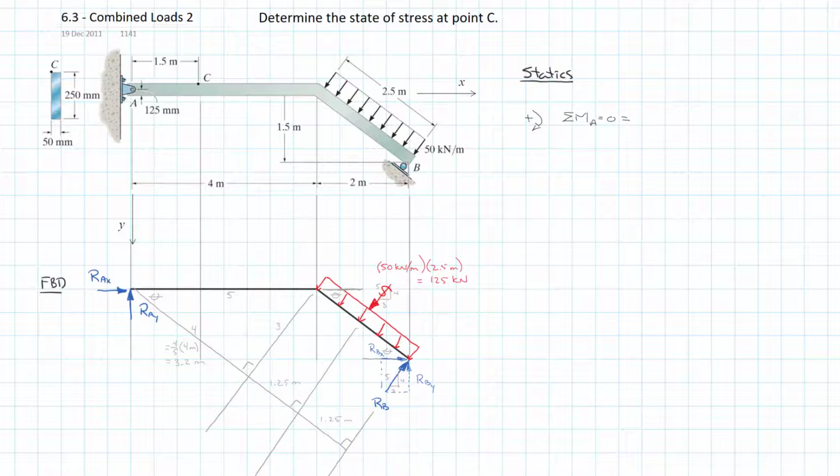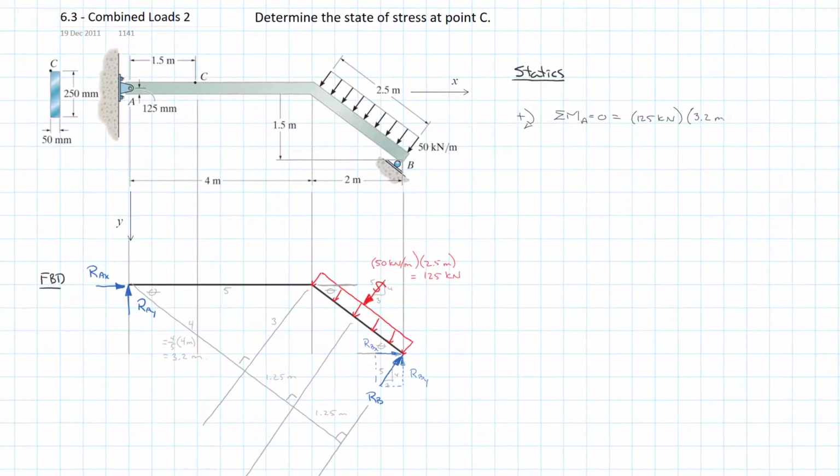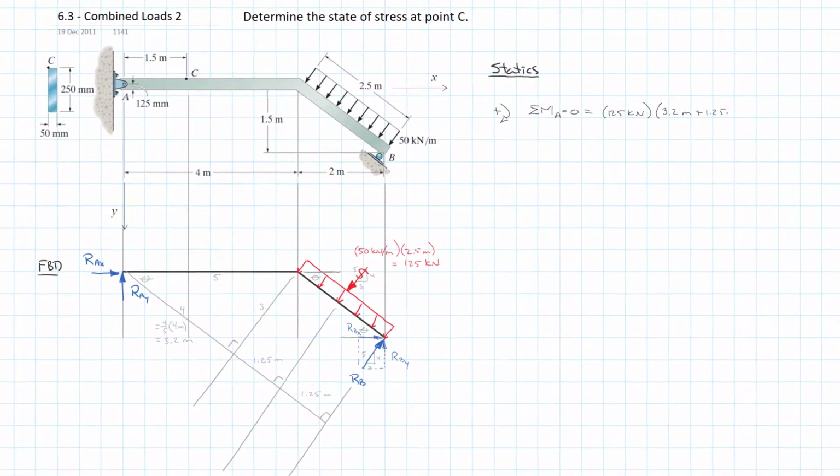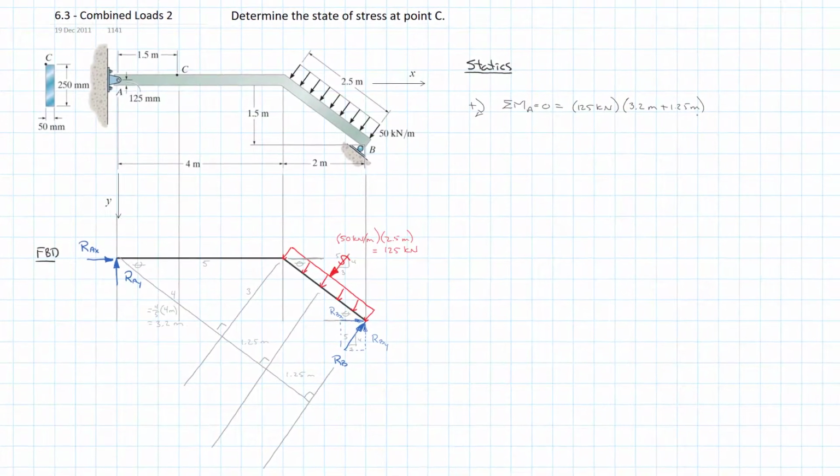So back to our statics, sum of the moments about A is equal to 0. And so moving clockwise positive, the externally applied load, that UDL, we can just use its equivalent point load. So that's 125 kilonewtons. And its perpendicular distance is the sum of the 3.2 meters and the 1.25 meters. So we'll put that in here, 3.2 meters plus 1.25 meters.